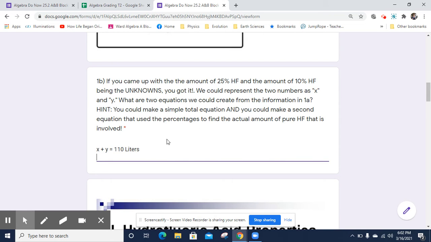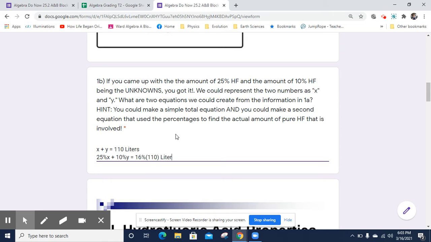For the other equation, we're going to focus on just the part of each piece that is hydrofluoric acid. Well, 25% of X is hydrofluoric acid, and 10% of Y is going to be hydrofluoric acid, and that's going to add up to 16% of 110 liters.